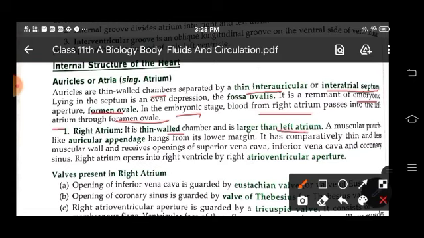An auricular appendage hangs out from its lower margin, which is a muscular pouch-like structure. It has a thin and less muscular wall and receives openings of the superior vena cava, inferior vena cava and coronary sinus. The right atrium opens into the right ventricle by the aperture known as the atrioventricular aperture.